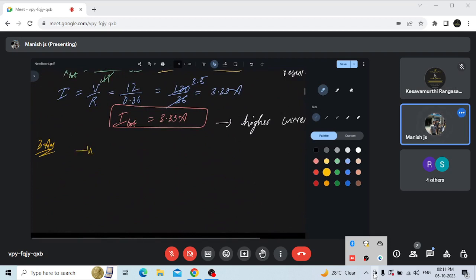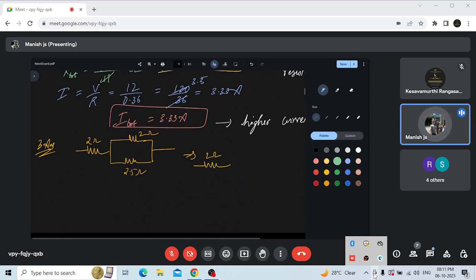So you have 2 ohms on the top, and we had 2.5 ohms at the bottom. This needs to be simplified. So 2, let it be there on the left, and the right side you need to simplify.